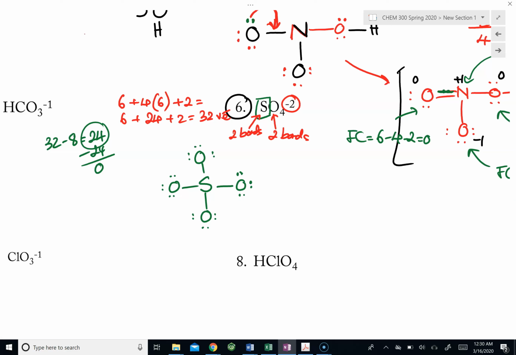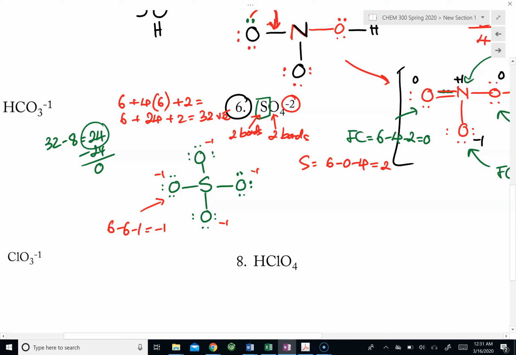When we apply the formal charge for each of these oxygens, we see 6 minus 1 equals -1. So each of these oxygens is -1. How about the sulfur? For the sulfur, FC equals 6 minus 0 minus 4 equals 2.